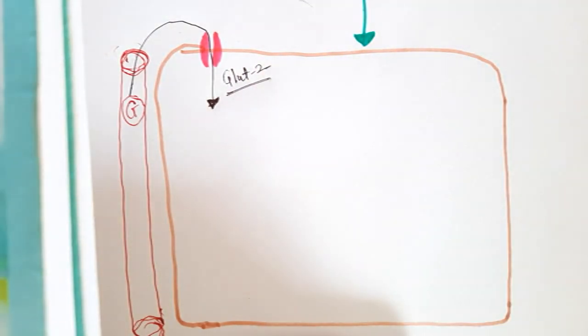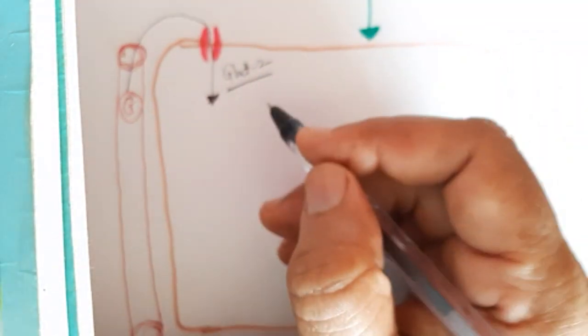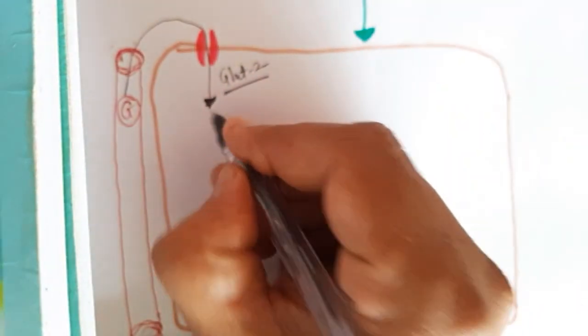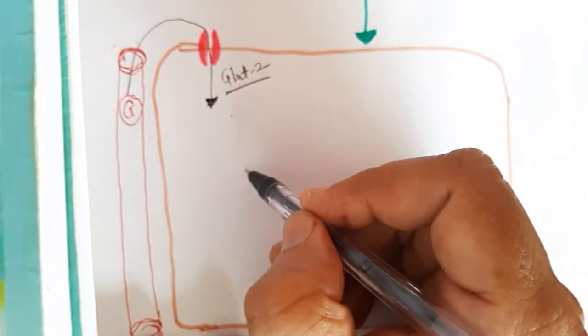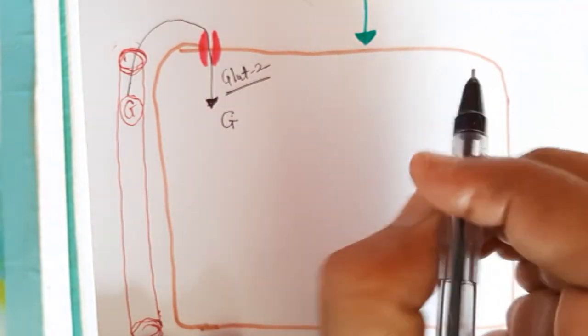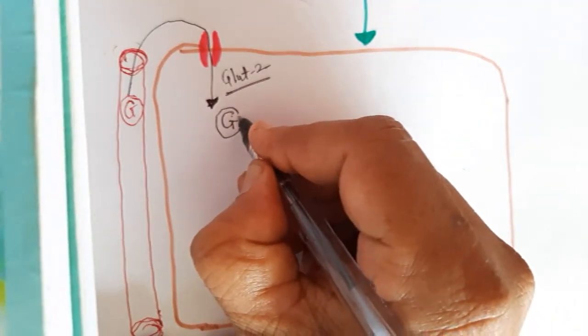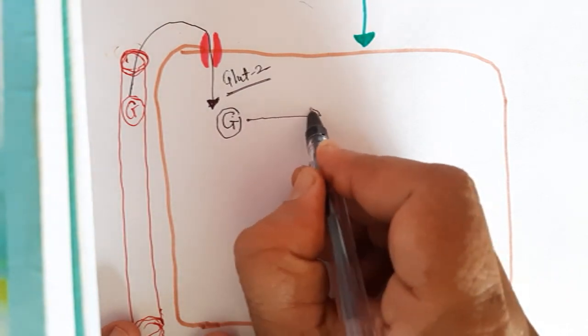But when the glucose enters the cell, what will happen to this glucose? The glucose concentration increases inside the beta cell, and this glucose is phosphorylated.